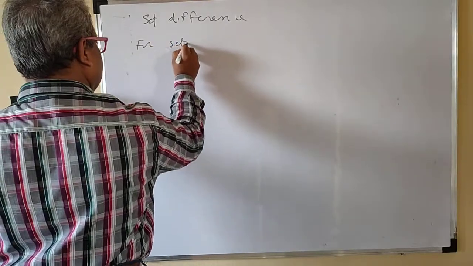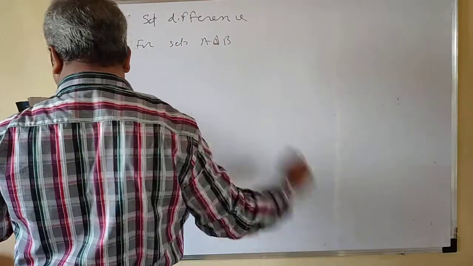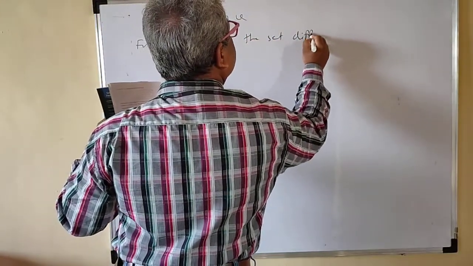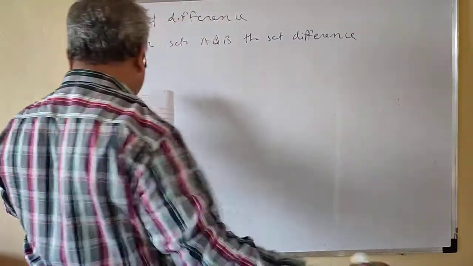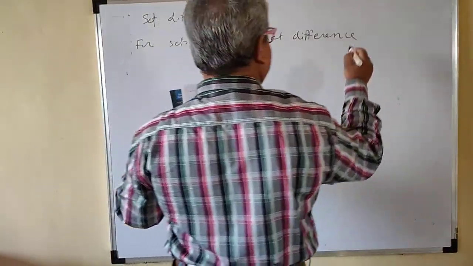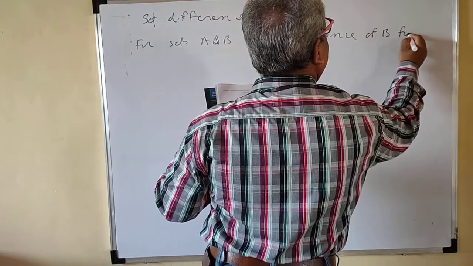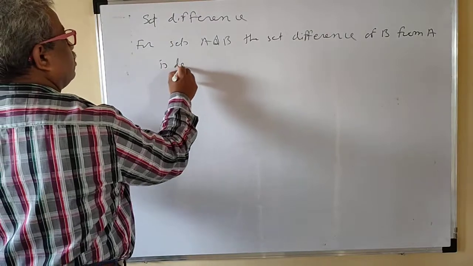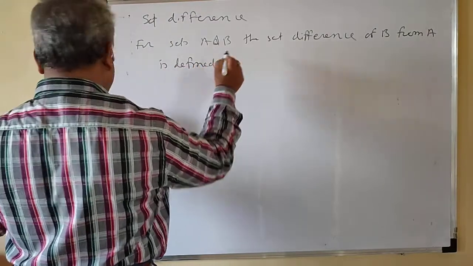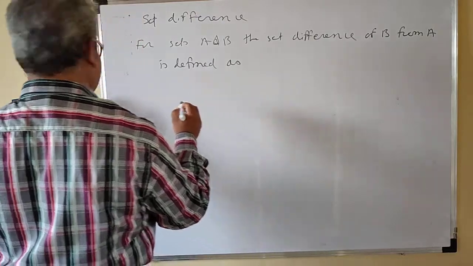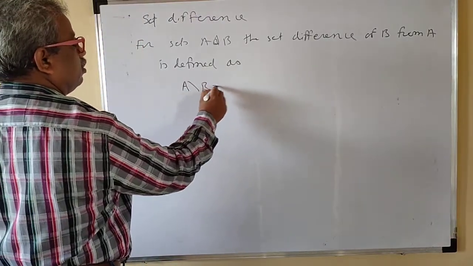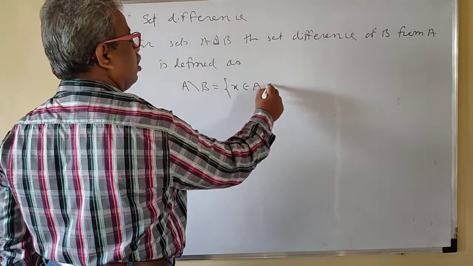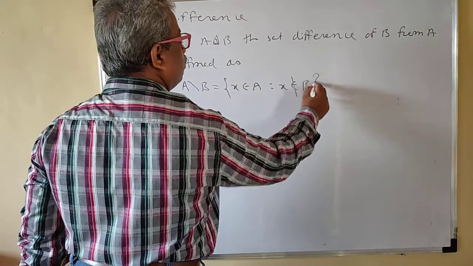For sets A and B, the set difference of B from A is defined as, this is the notation, the set of x belonging to A such that x does not belong to B, right?